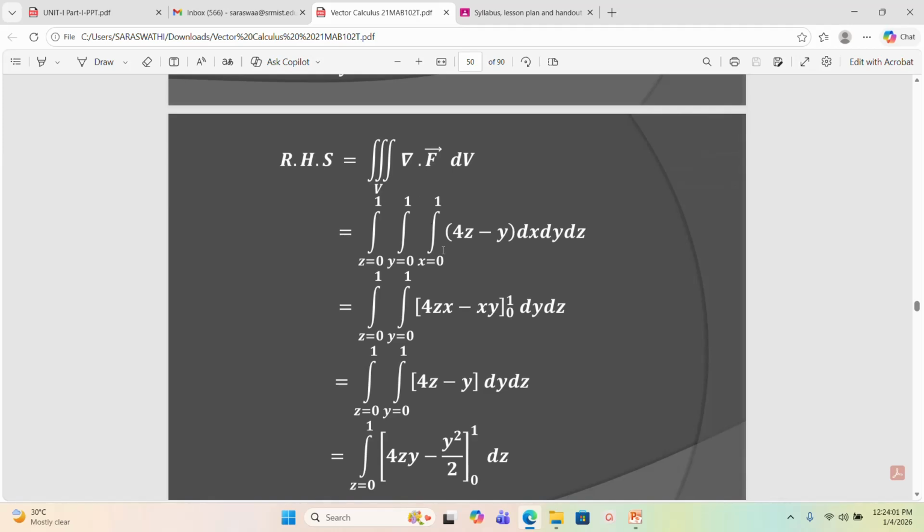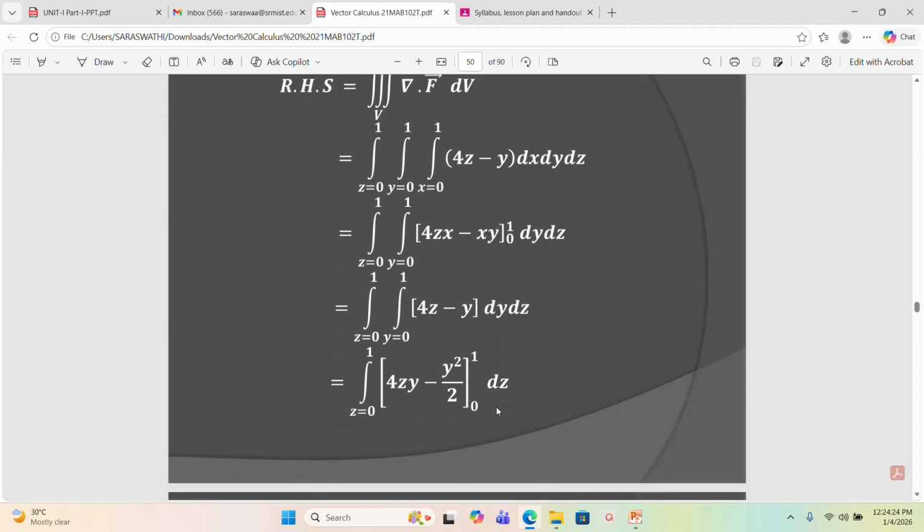So now integrate with respect to x first. The integral of 4z dx is 4zx, minus y dx gives minus xy, from 0 to 1, dy dz. Now with x limits from 0 to 1, we get 4z minus y, dy dz.